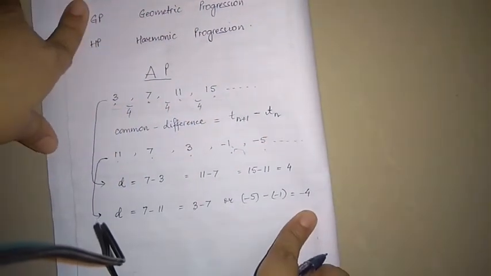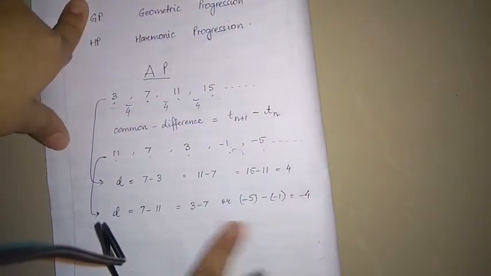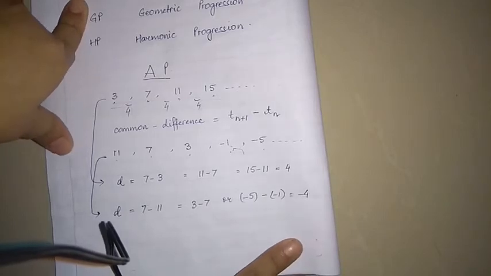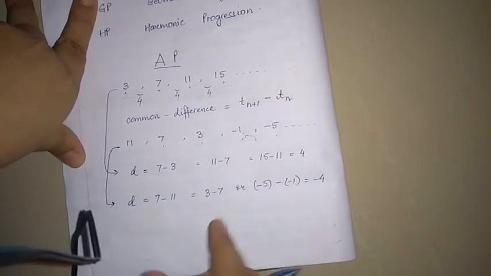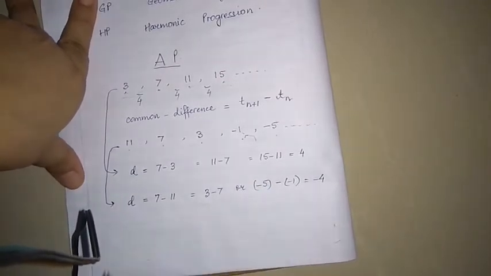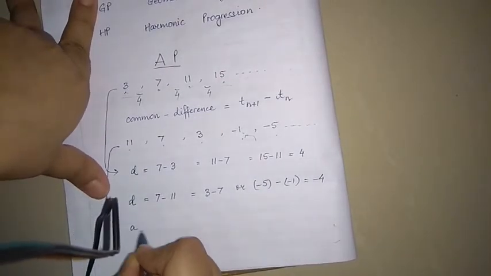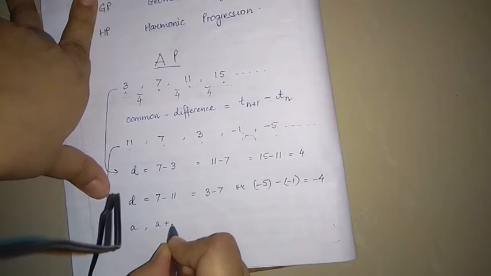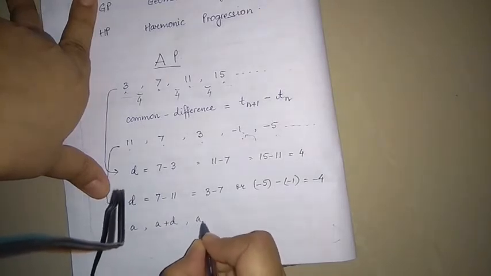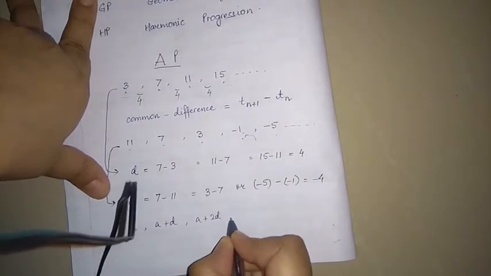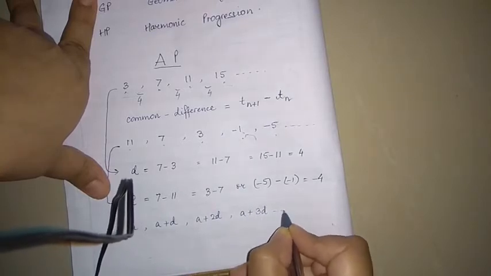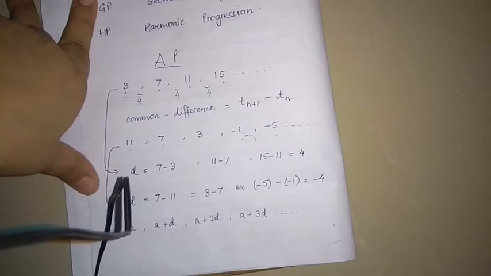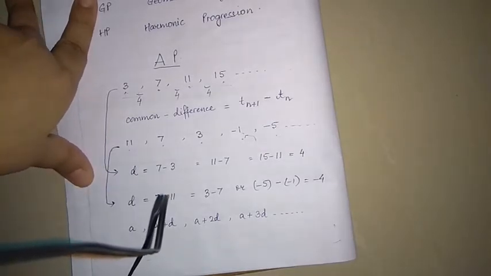So this is our arithmetic progression. In a simpler form, we can say that an arithmetic progression is always in the form of a, a plus d, a plus 2d, a plus 3d, and so on.